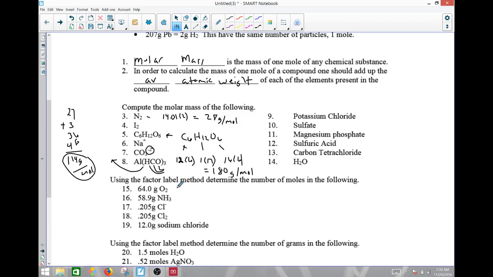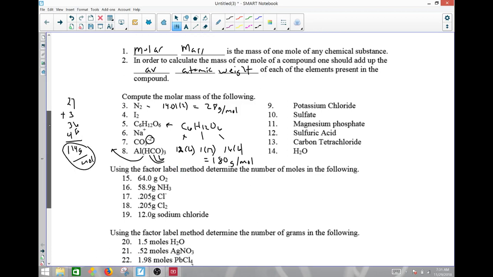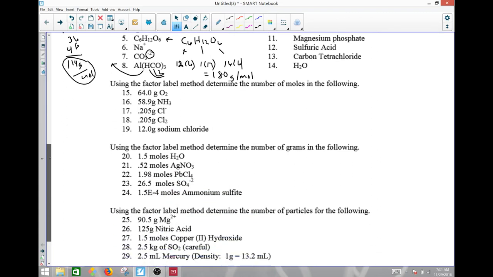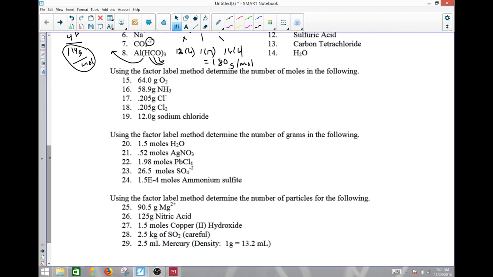Okay, so in this situation here, I can just roll out a little more here. All right, and we'll only do a couple of these here, but it's more than just doing the mathematical relationships. So here, let's go with oxygen. Okay, I got 64 grams of oxygen.